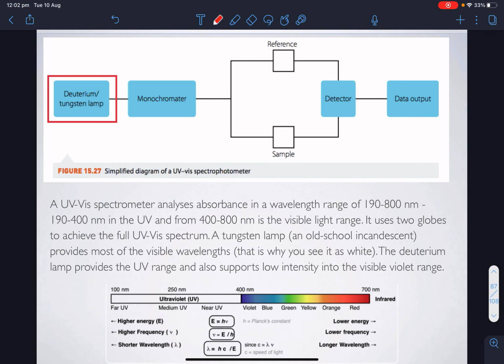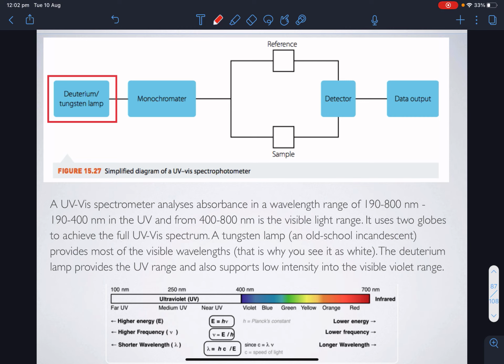Okay, so first up, we've got the light source. We've got two globes in there. We've got one that we're pretty familiar with: a lamp made from a tungsten filament. That's just an old school incandescent bulb.